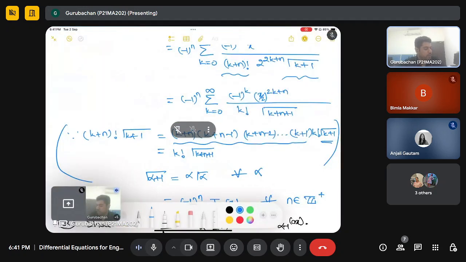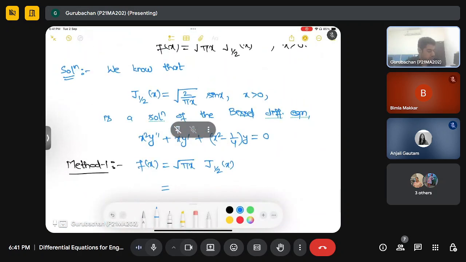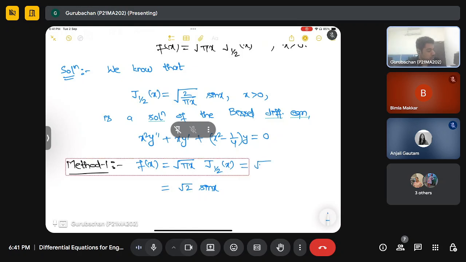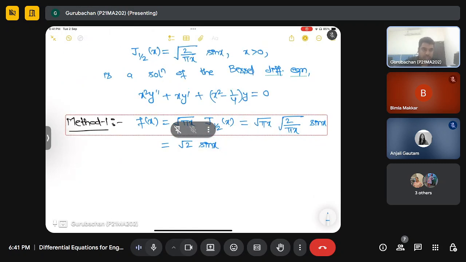Other way around, we can substitute this value into the given differential equation. So let me mention how. If you substitute the value of j half, this is under root 2 by pi x sin x. So under root pi x will cancel out, and fx will be under root 2 sin x.